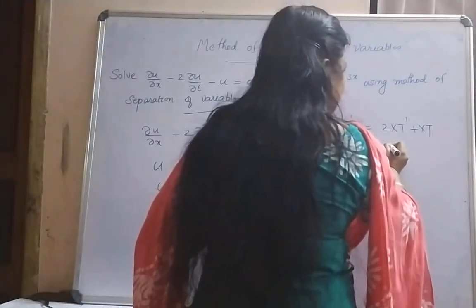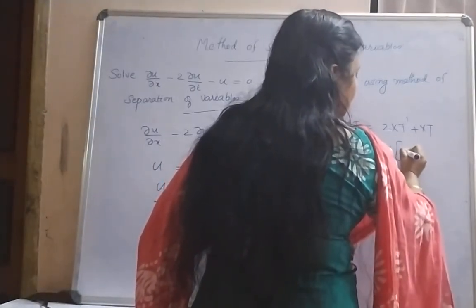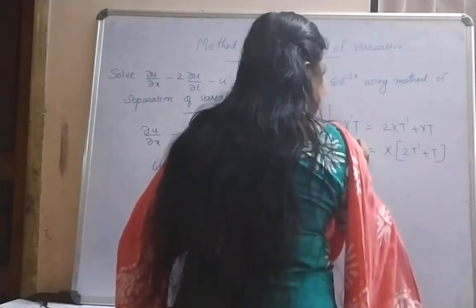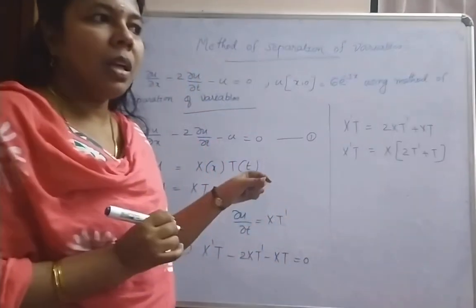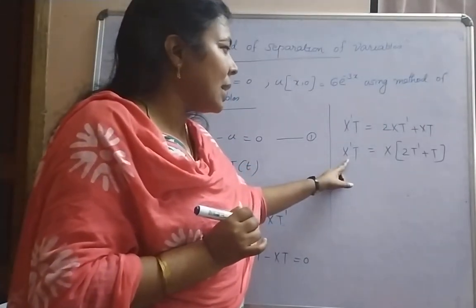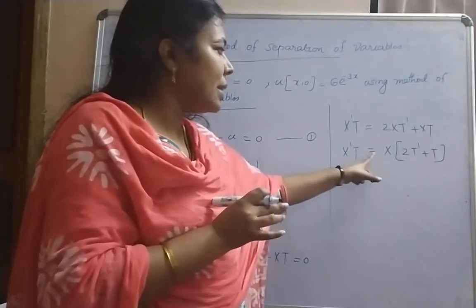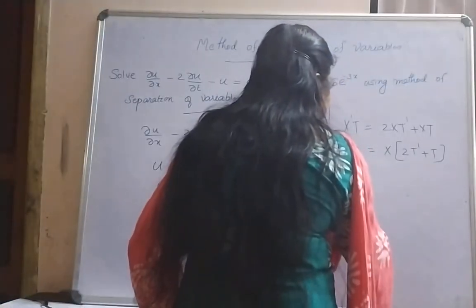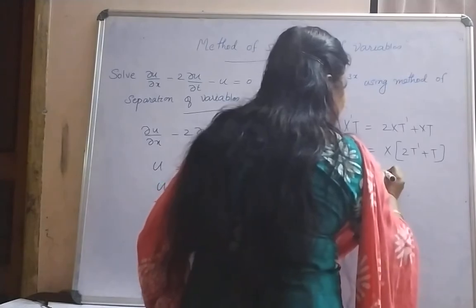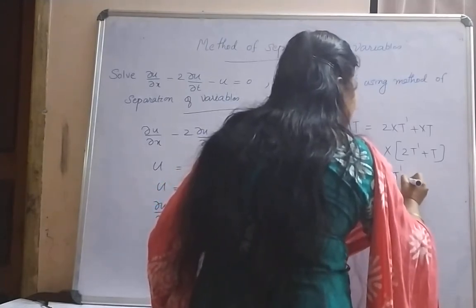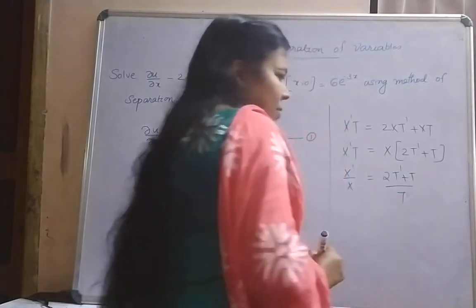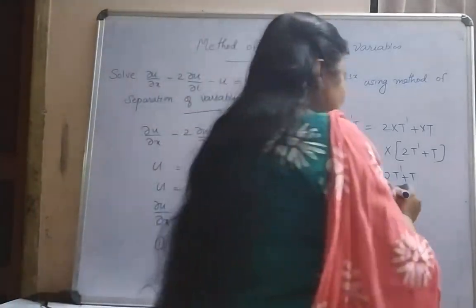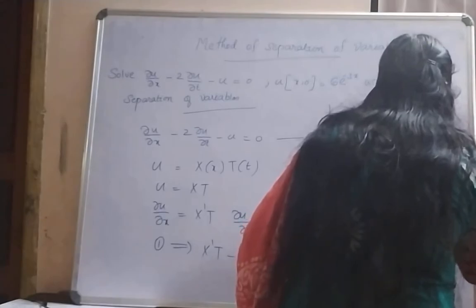From here, X can be taken outside: X into (2T' plus T), which is X'T. Now we have to write X and X' on one side and T and T' on the other side. So we get X'/X equal to (2T' plus T)/T.